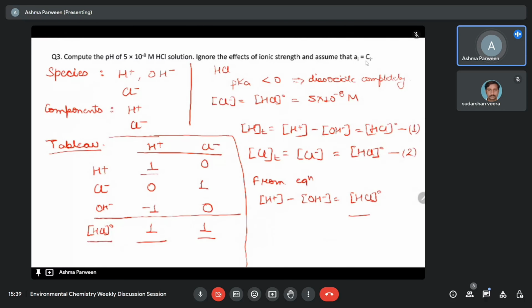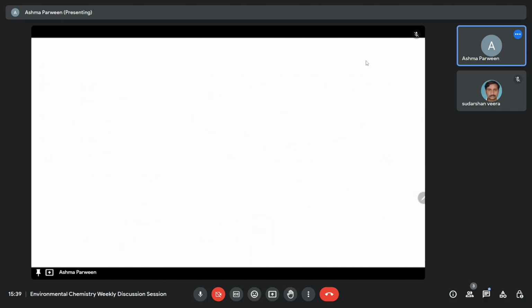So we have to solve this equation. Let's first write the formation equation for H2O. H2O dissociates into H plus and OH minus, and Kw is 10 raised to the power minus 14.